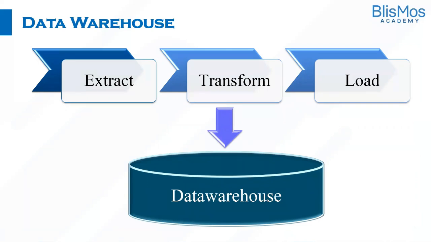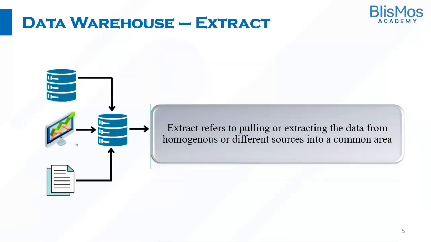As we discussed, subject oriented, time variant, non-volatile data will be there as a part of the data warehouse. So in extract, we are pulling or extracting the data from homogeneous or heterogeneous sources into a common area. Here you can see we're getting the data from RDBMS systems.